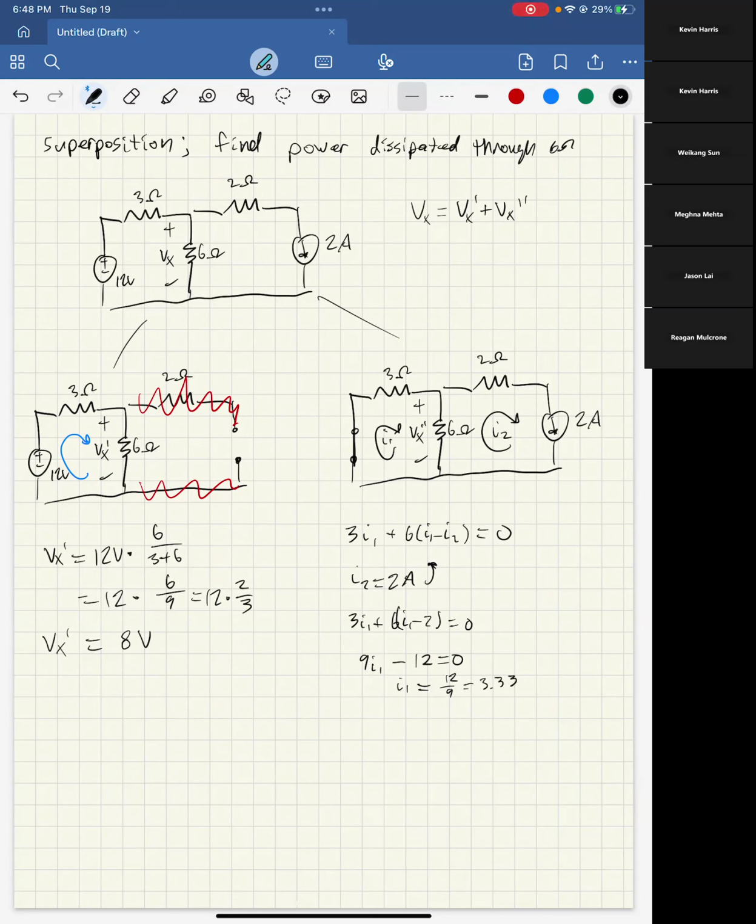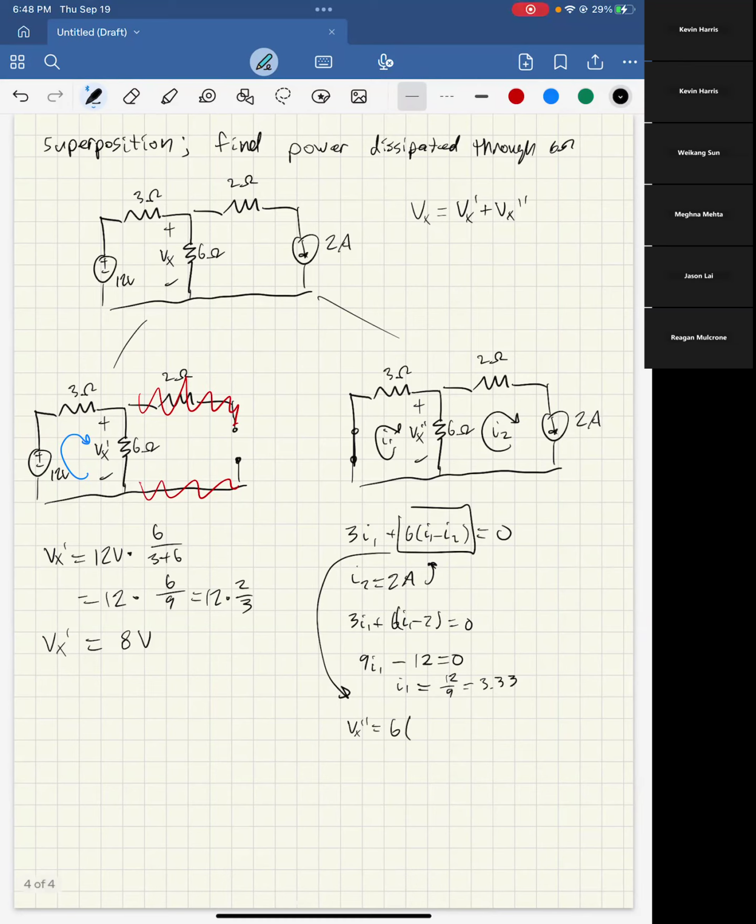So now that you have your I1, you have to plug that in to your equation for Vx. So Vx prime prime, right? You can see it is going to be that 6 ohm.